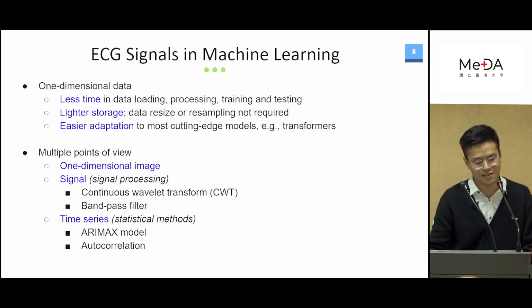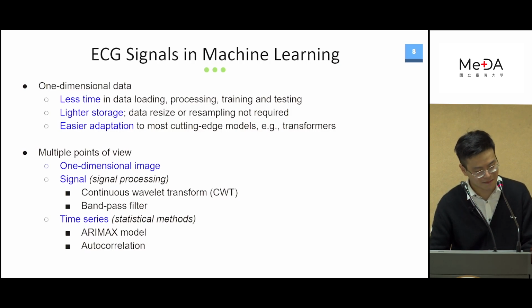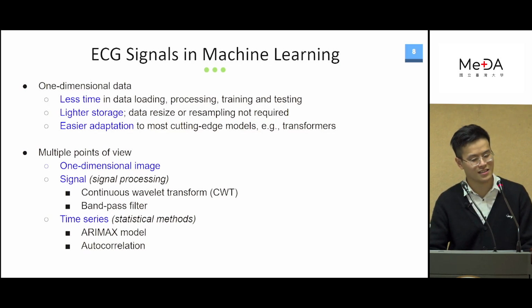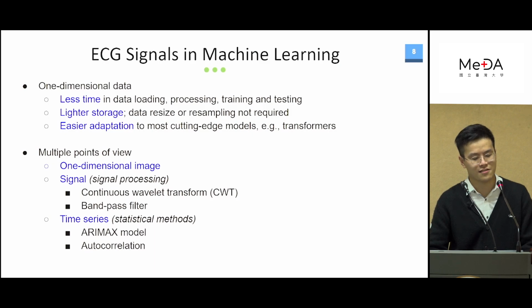Here are some special traits of ECG signals in machine learning, just before we head into the actual demo. The ECG signal is an interesting topic because it's one-dimensional, which means it has a lot of advantages compared to images, MRI scans, or CT scans.